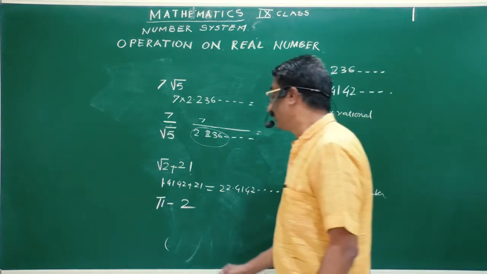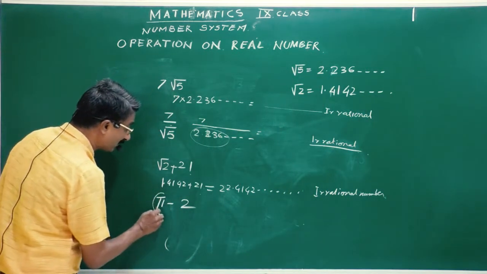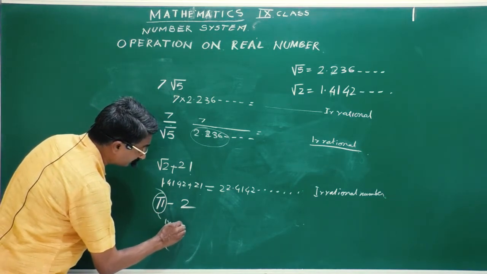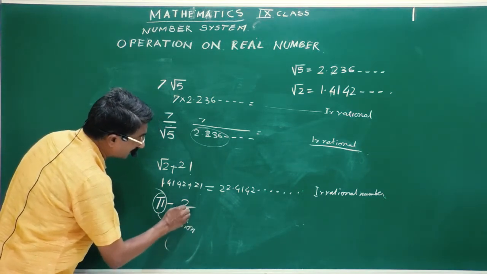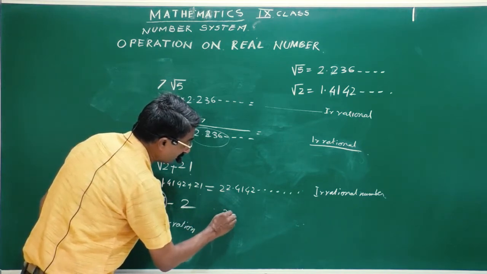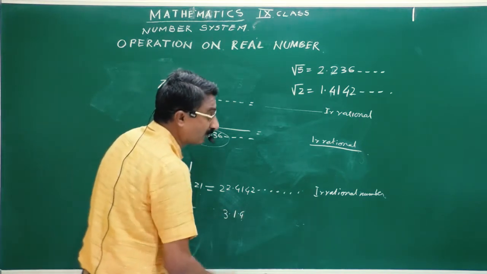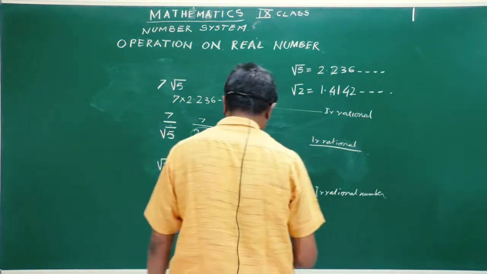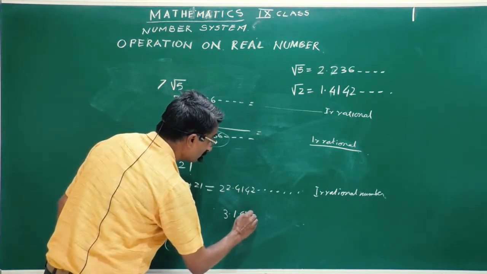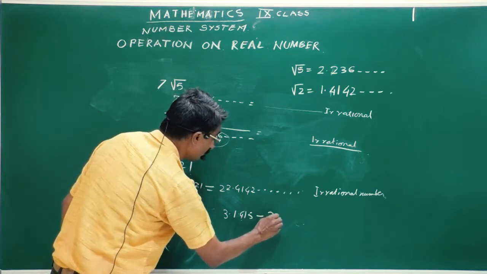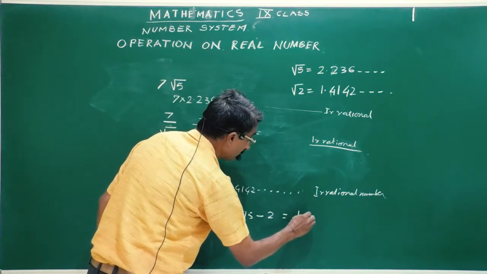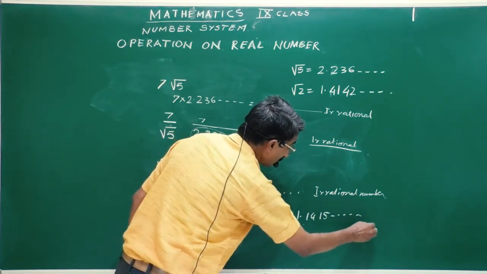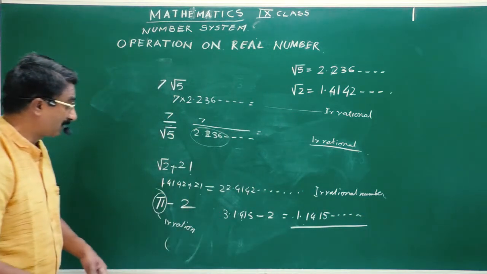Here pi is a rational number or irrational number? Pi is an irrational number. If we subtract 2, say for example the value we know is 3.1415, minus 2, so this will be 1.1415 and so on. So again this is an irrational number.